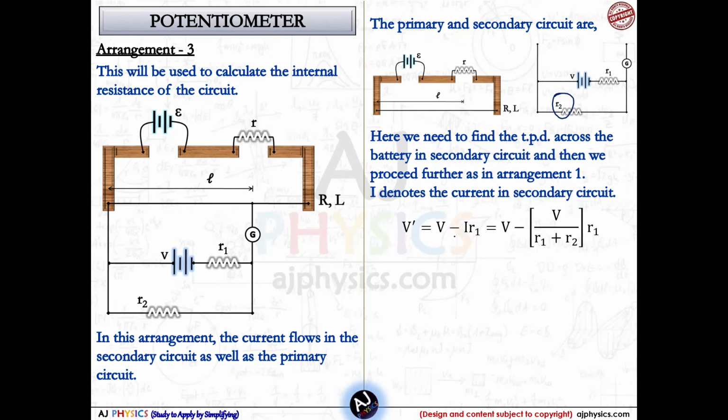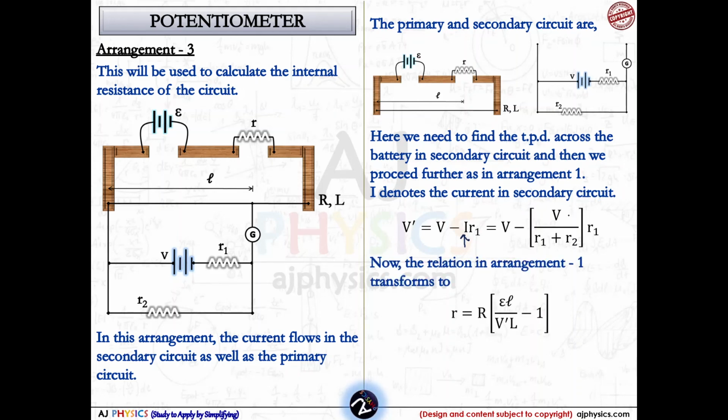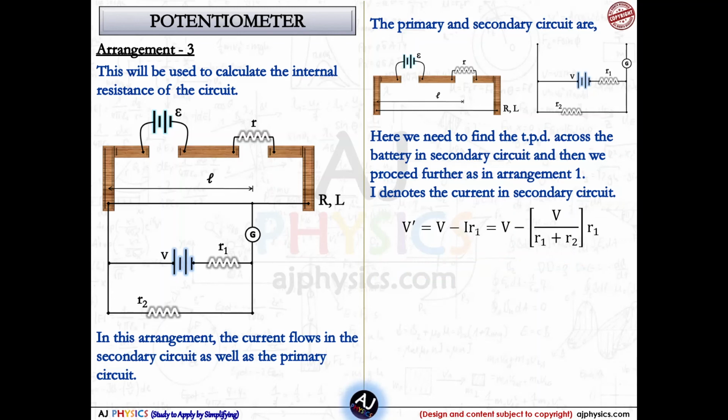So I have used a simple result of TPD here, and I have substituted the value of I in the lower circuit. From here what I'll get is the value of V dash, which will be equal to V times R2 divided by R1 plus R2. Fine, that is the TPD.